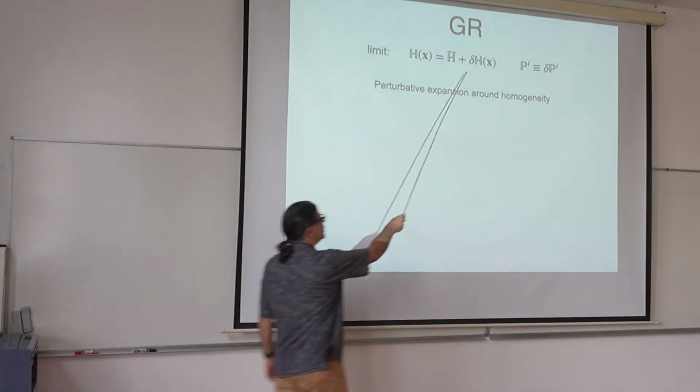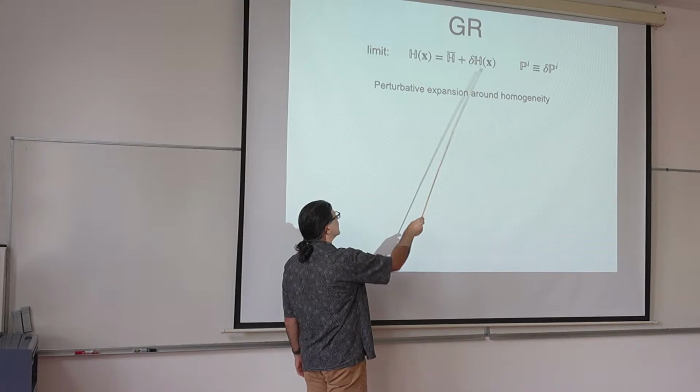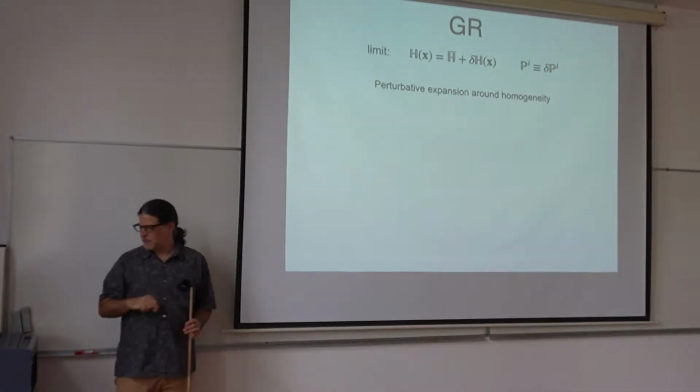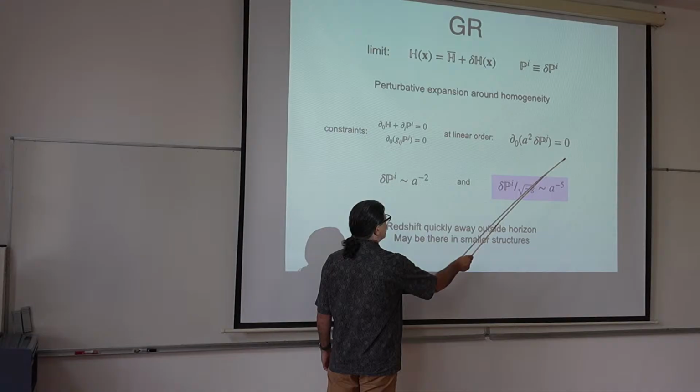Now, we could perturbatively expand, say that h bar is a constant. Let's put back this in h, make it perturbatively small. And now let's add a little bit of pi. Pi, it's a vector, so it's not isotropic or homogeneous. But if we expand around homogeneous and isotropic background, treat this as a linear order perturbation, then you can ask from the constraint equations, how does this one behave? And you discover that a squared delta p is time independent, which means that or even radiation.